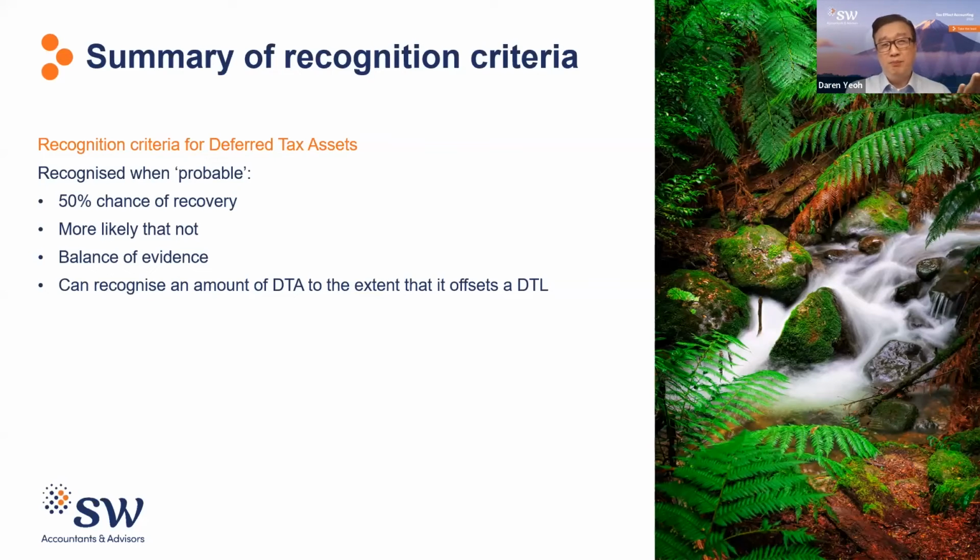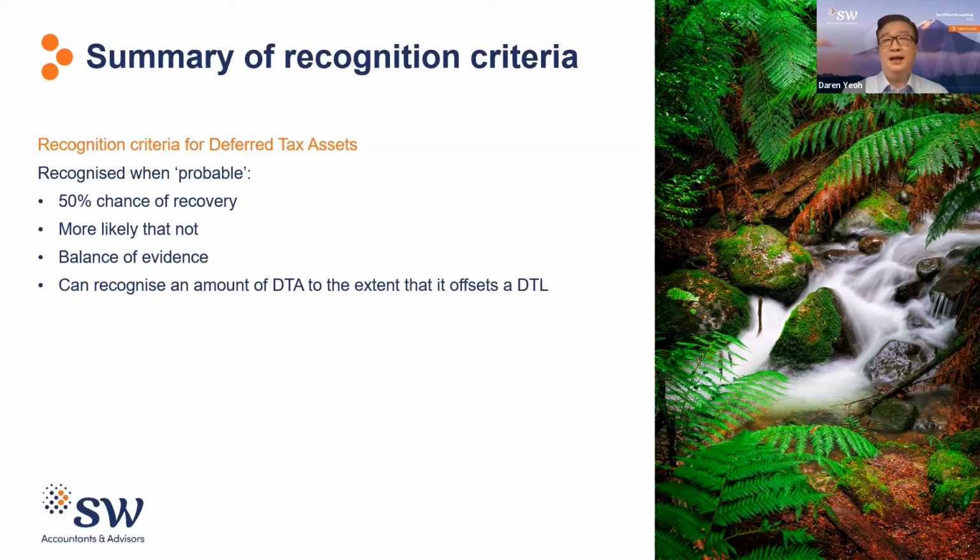Your positive evidence might be, for example, that you acquired a business that is generating income, or the economic situation has changed, or you have come out of the startup period. So you compare the two and decide whether or not you satisfy the more likely than not criteria.